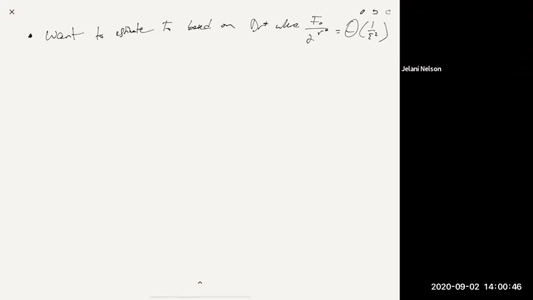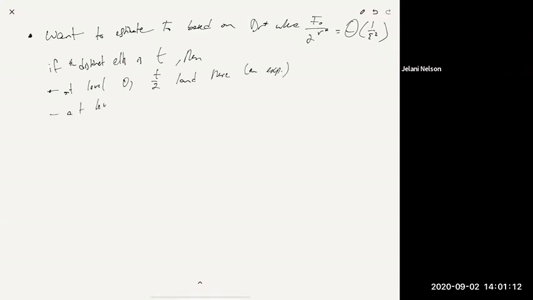The problem is there might not be such an R. Because if the number of distinct elements is t, then at level 0, t over 2 land there, in expectation. And at level 1, t over 4 land there, and at level 2, t over 8, etc.